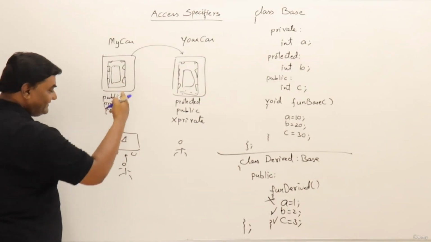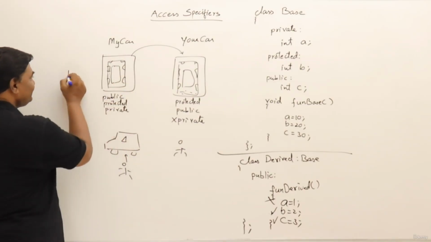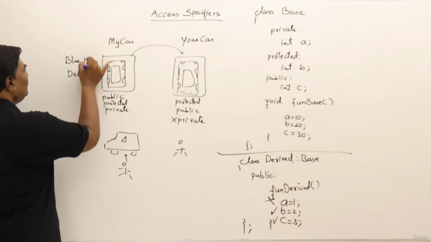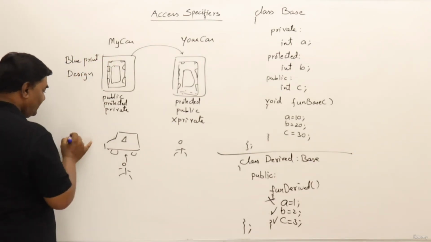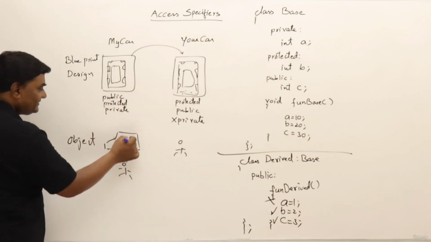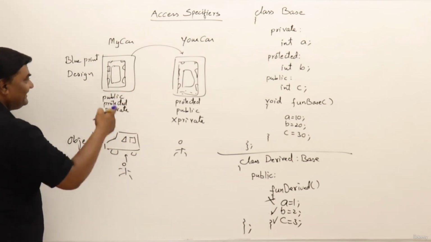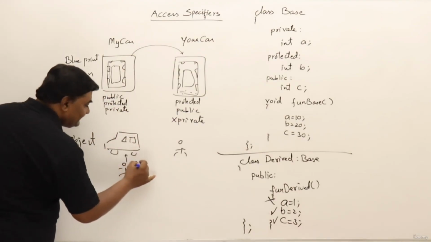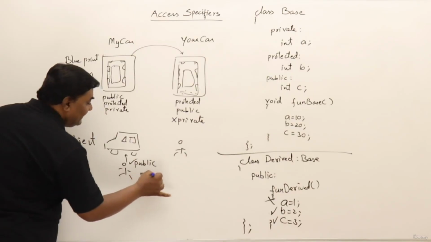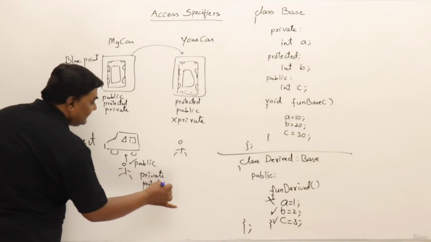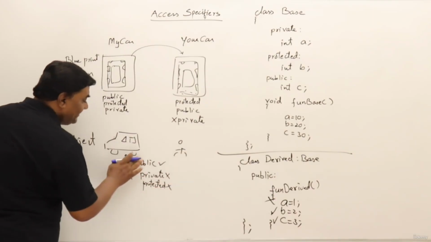This is the design or blueprint, and this is the object. I have manufactured the car and sold it to this person, and this person can access only public members. He cannot access private and he cannot access protected. He can access only public.